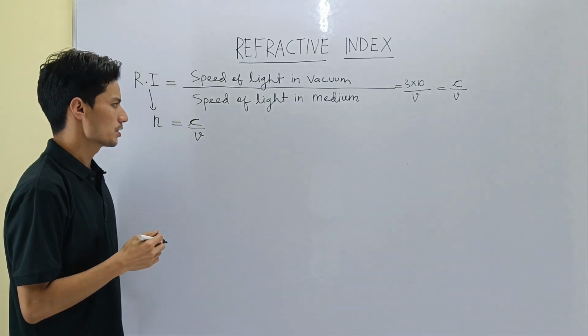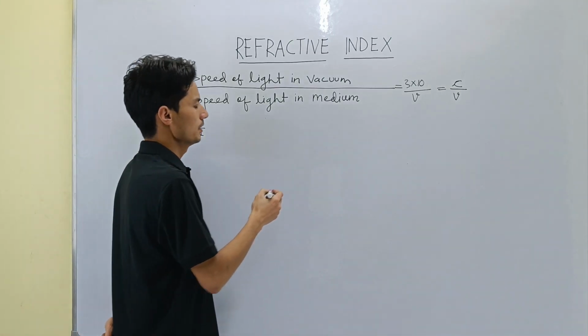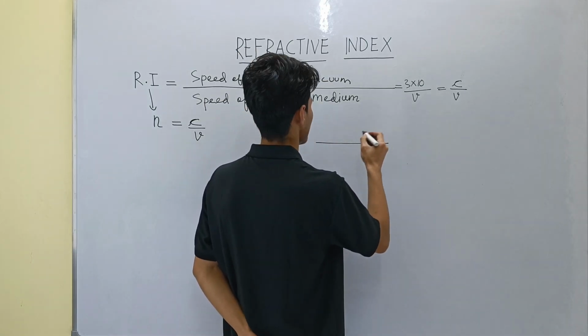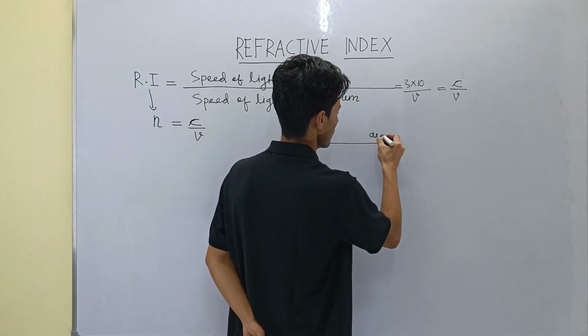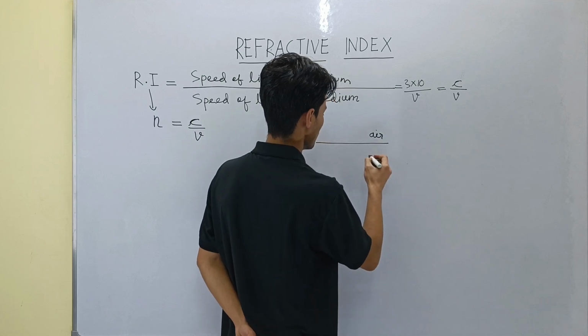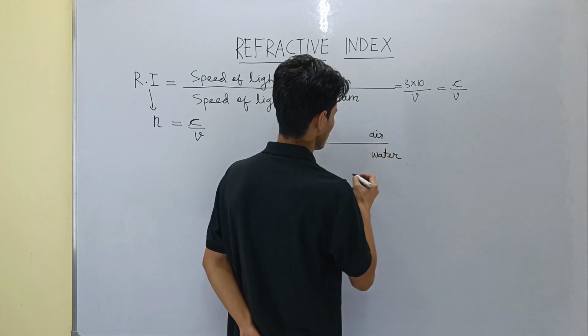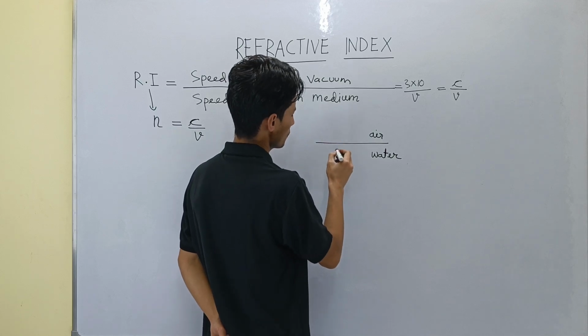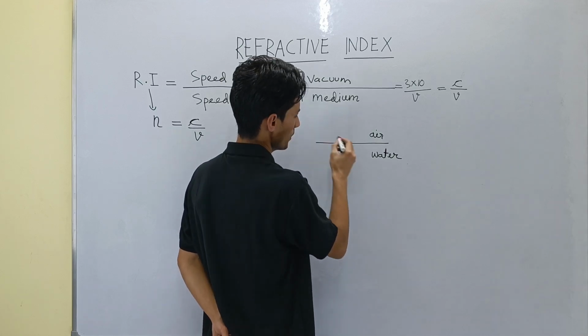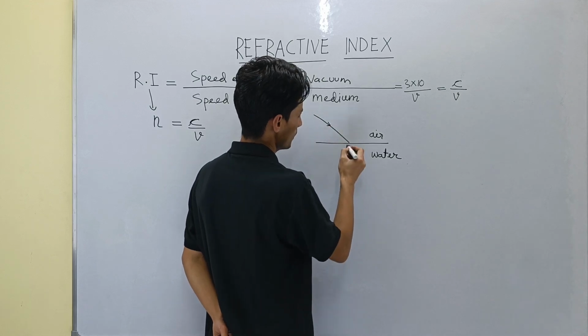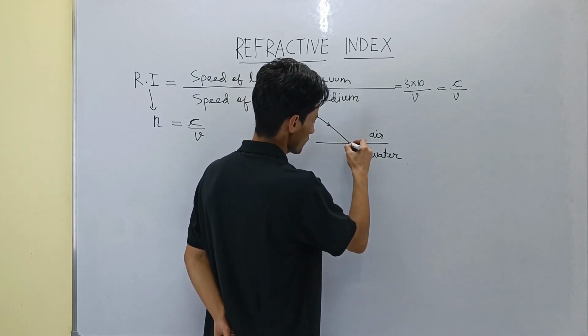Now let us take one example. Let's say the upper one is air here. Air or vacuum, they are same. And let's say the second medium is water. So let this be the incident ray, and then let this be the refracted ray.